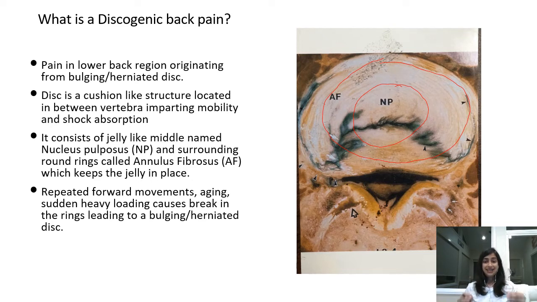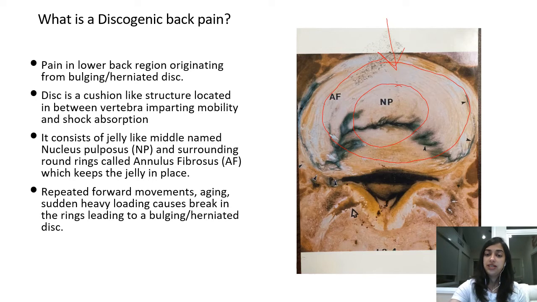Now this disc is capable of mechanical deformation when forces are applied. What that means simply is when you are bending or doing any kind of movement, a pressure is generated which makes the nucleus, or the jelly, move in the path of least resistance. Say, for example, when you're bending forward, you have a lot of pressure that comes in the front from bending.